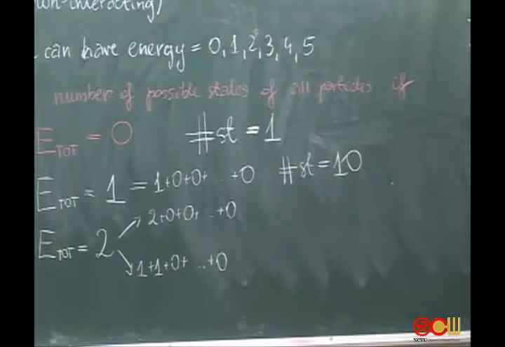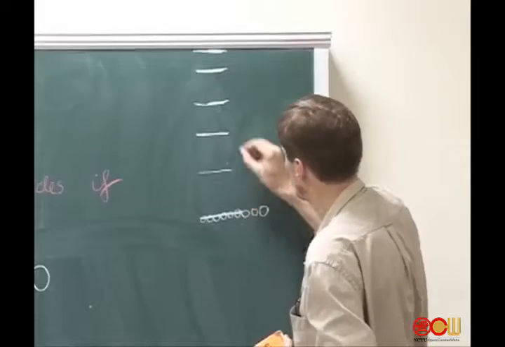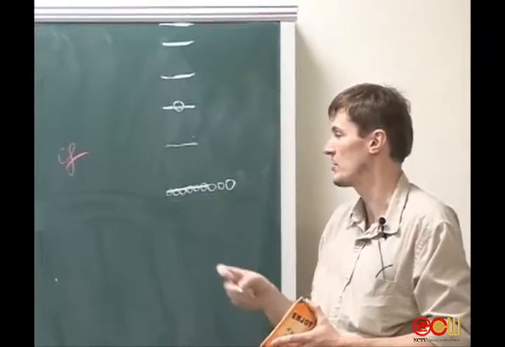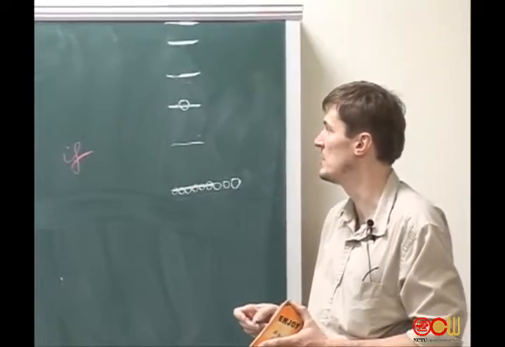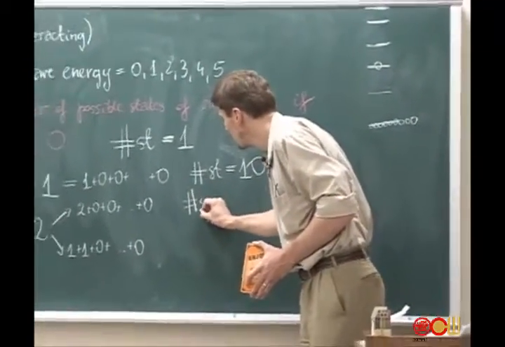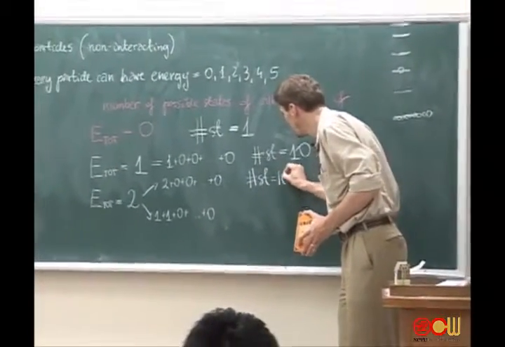The first situation corresponds to when one particle is at the second level and all others are at the ground one. How many possibilities of realizing this? Clearly, the number of states would be 10 here.